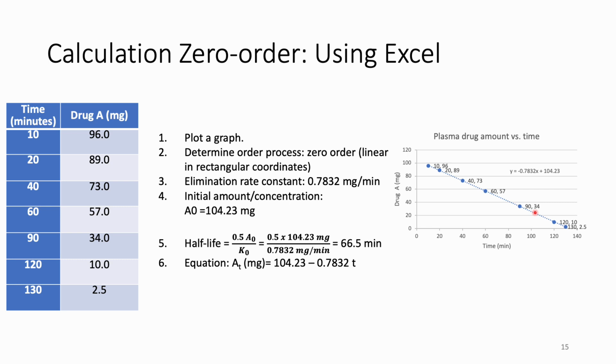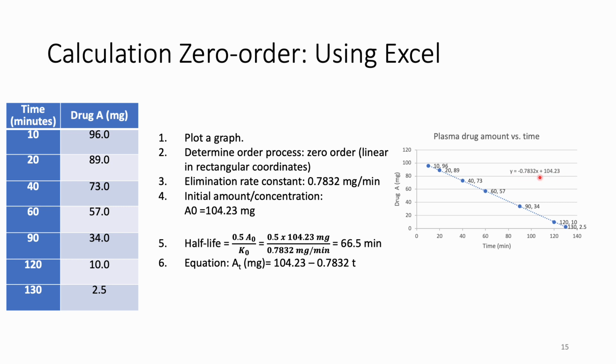Because it's zero order, I can use Excel easily. I just right click, and in 5 seconds, I have the equation, the equation to represent the straight line based on this data. From this equation, y equal to minus 0.7832x plus 104.23. So this is equal to y equal to minus kt plus A0.